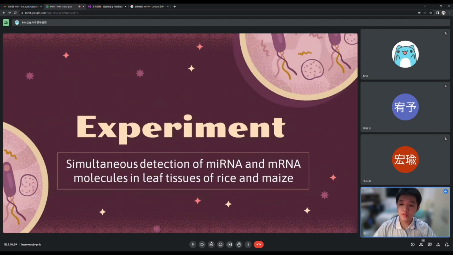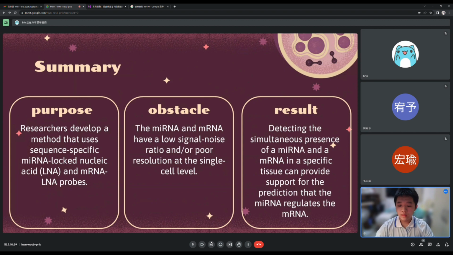The experiment. Our experiment is simultaneous detection of microRNA and mRNA molecules in leaf tissues of rice and maize. The experiment summary. Detecting the simultaneous presence of microRNA and mRNA in a specific tissue can provide support for a prediction that the microRNA regulates the mRNA.